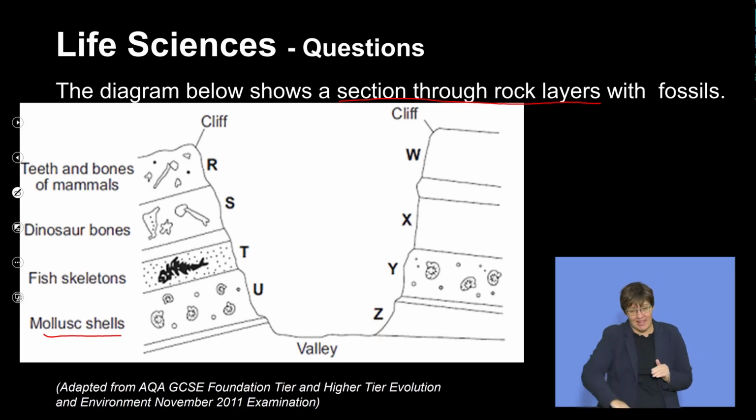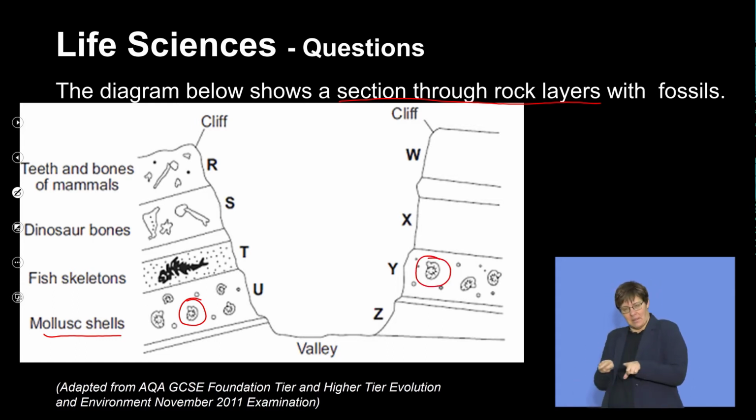One thing you can pick up straight away is that if you look at those common fossils, which are index fossils, remember, you find them in the same layer on the opposite side of the valley. These ones, no fossils. We don't know why.